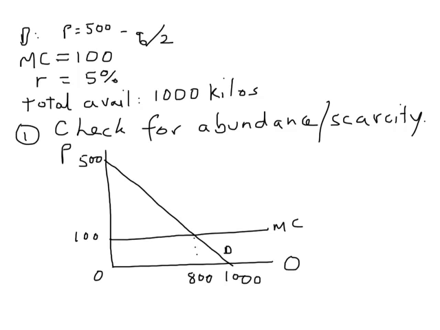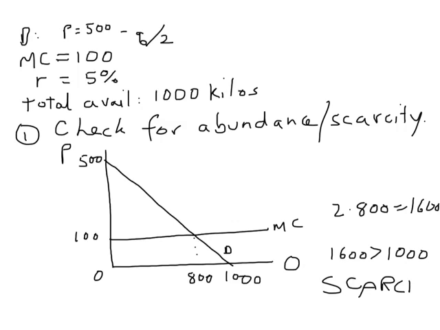So 800 plus 800, 2 times 800, is 1,600, and 1,600 is greater than our 1,000 available, so we know we've got scarcity. Had it been 500 or less in each period, we would have had an abundance, and we wouldn't have had to do what comes next. All right, what comes next?